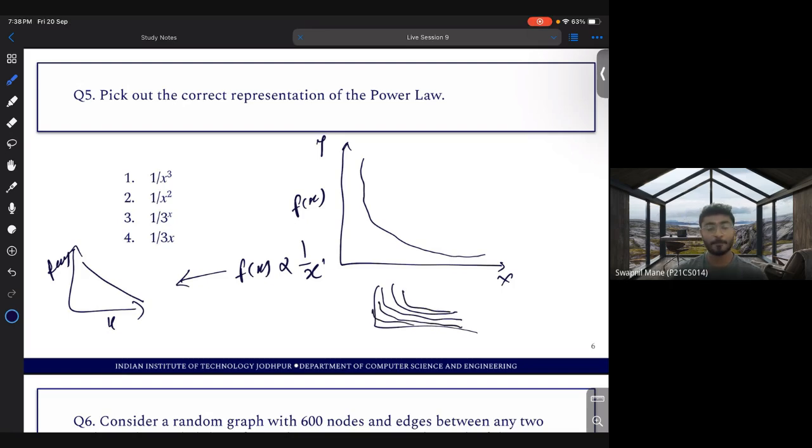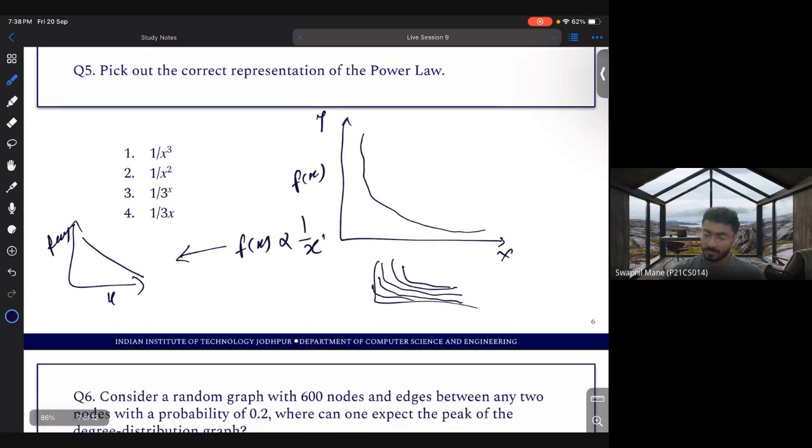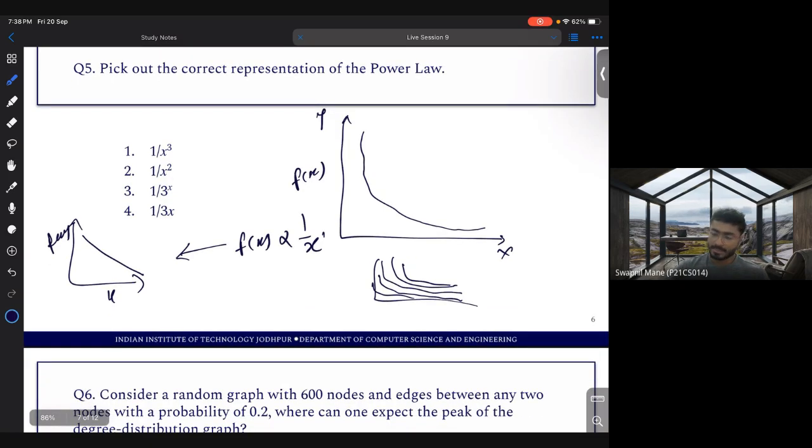So which sharpness? Suppose we plotted a degree distribution, and we found a curve like this way. But how much sharpness is required? How much sharpness represents a power law distribution, that we need to find, right? That we have already discussed, which is 2 or 3.